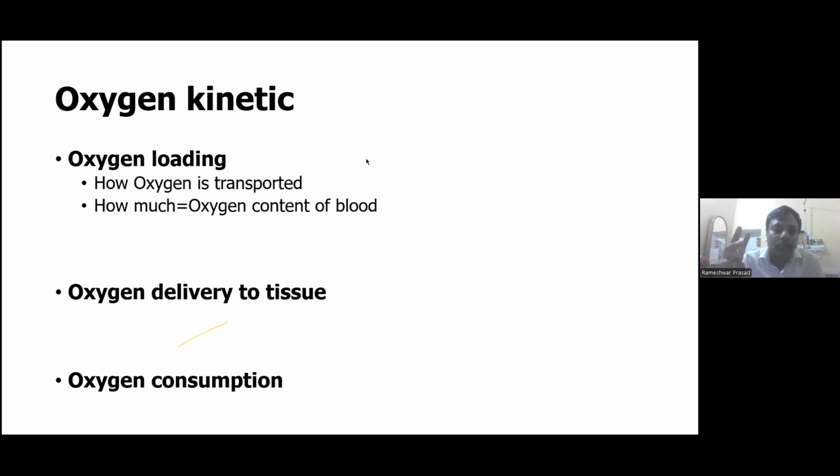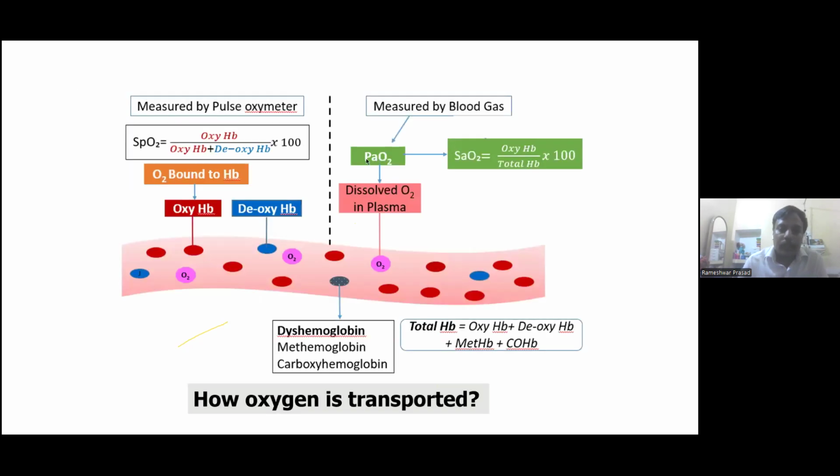One is loading: how it will be loaded, and how much oxygen will be loaded in blood. Second, how this oxygen from the pulmonary end will travel to the tissue, and how much oxygen will be delivered to the tissue or taken up by the tissue.